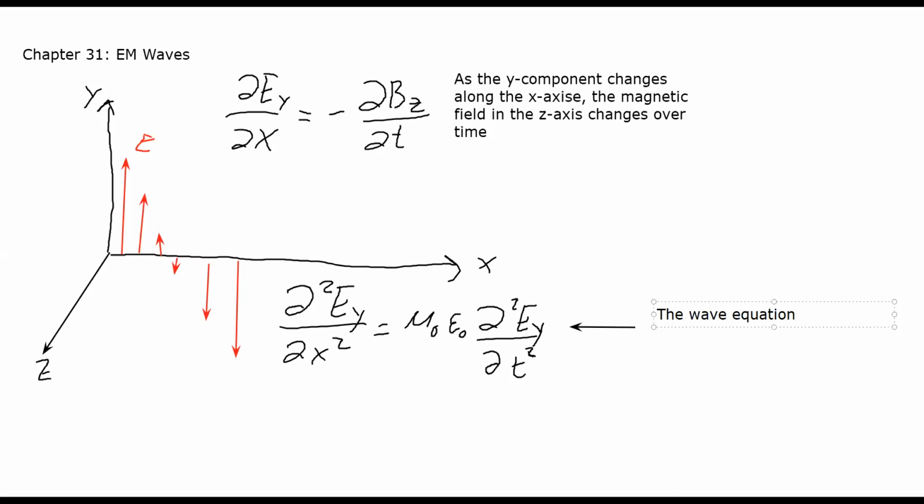Anything that has this form is going to be some kind of wave. So this is telling us the electric field is acting as a wave, changing sinusoidally over space and time.